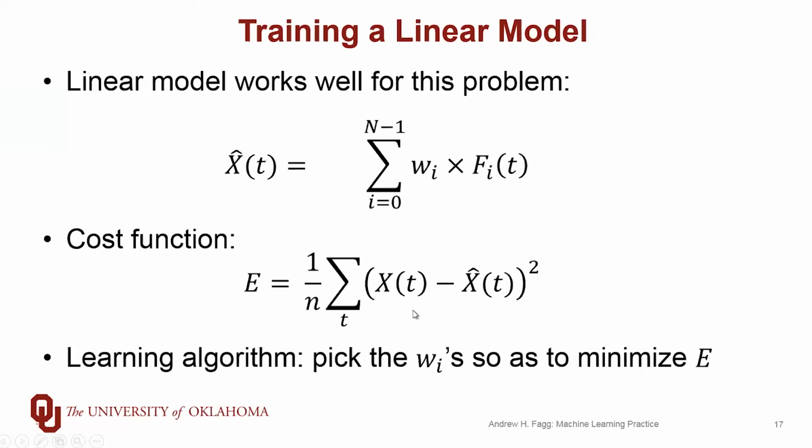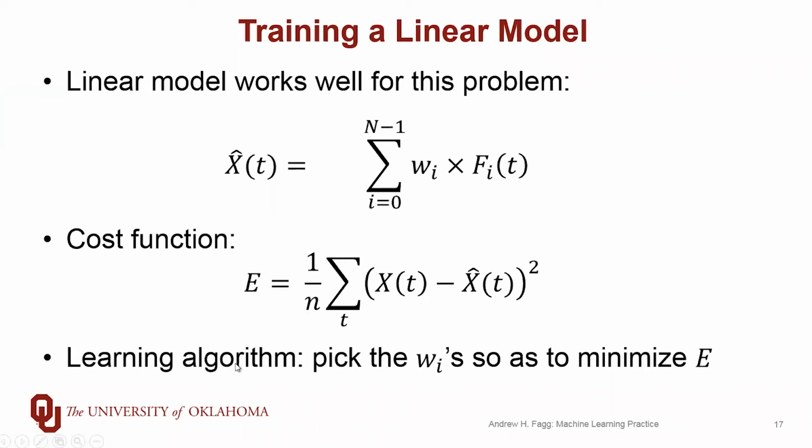This is the motion that we actually observed, and this is the motion that our model predicts. Ideally, these are the same thing, in which case this term is just 0. The cost function then is just the mean squared error between actual and prediction. And the ideal model is one where E is actually 0, and if there's any deviation between X and X hat, then E is necessarily going to be positive.